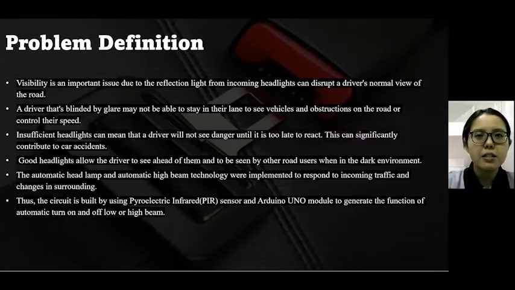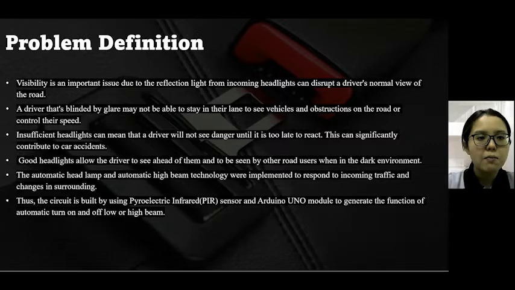Very good day. My name is Lin Pei Shi. My matric number is B0919100294. Today I would like to present the problem definition. Car accidents result from many factors, but most cases are caused by human error. From this situation, we can notice that visibility is a very important issue, because the reflected light from incoming vehicles can disrupt the view of the route.